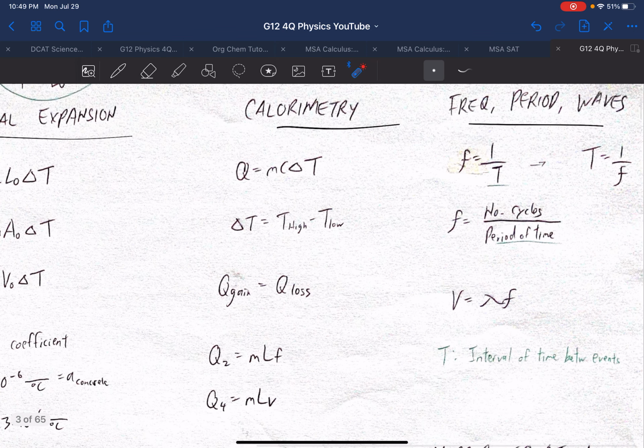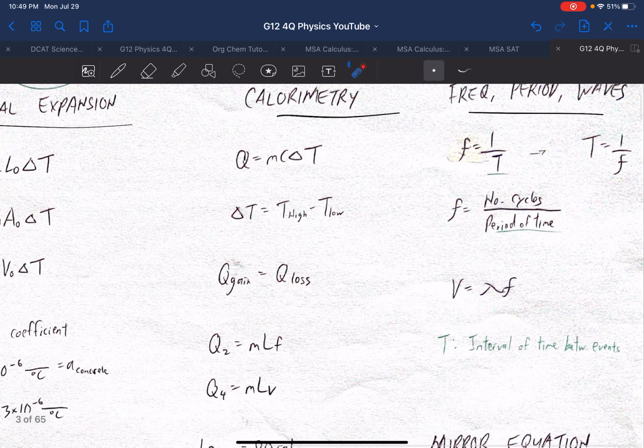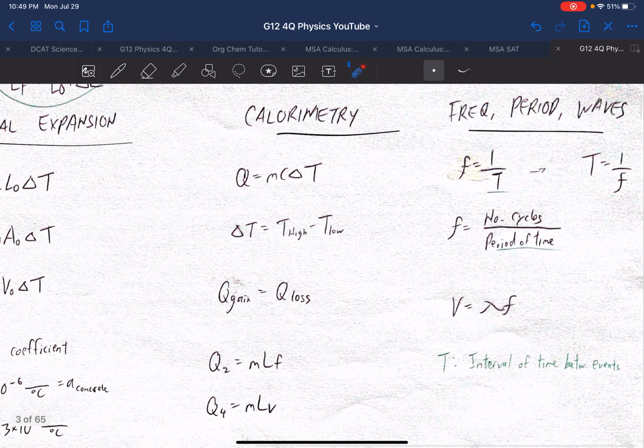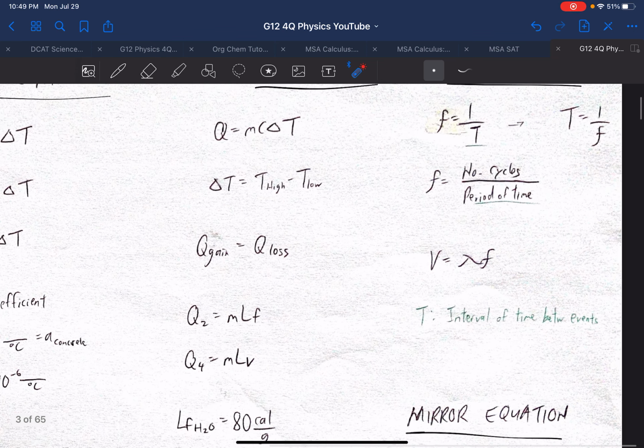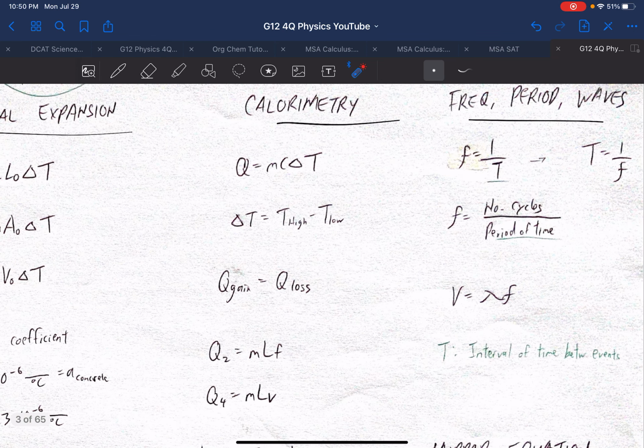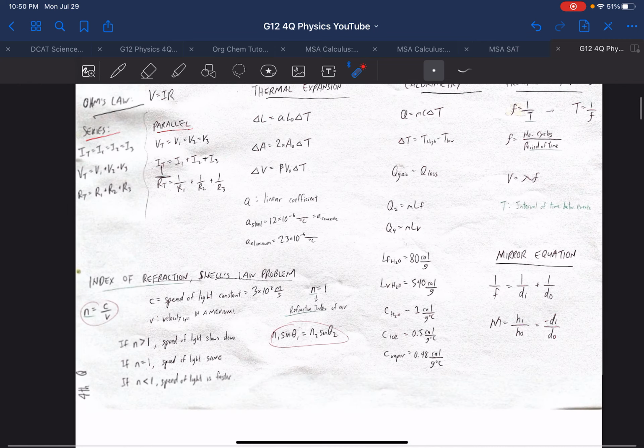Is it velocity? I'm not sure. Can't believe I'm not sure. But this is lambda. Lambda times f. Wavelength times frequency. Okay. T is the interval of time between events.